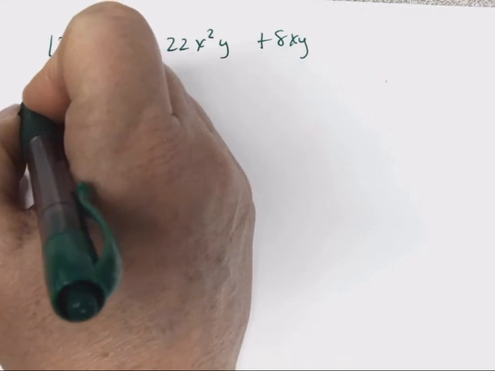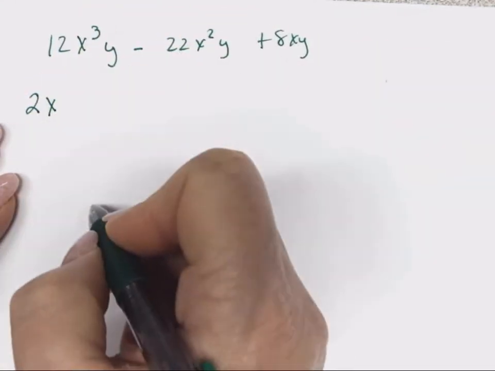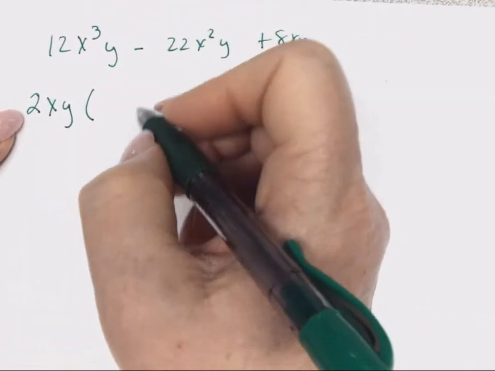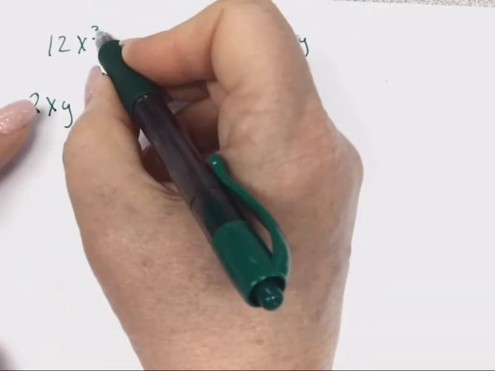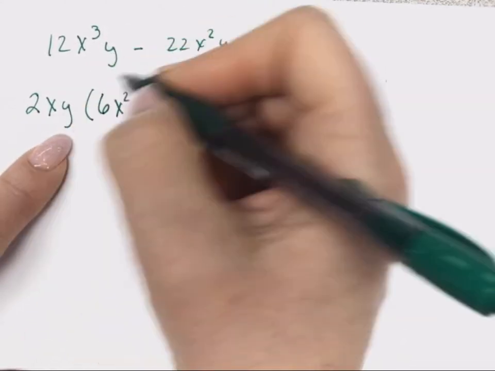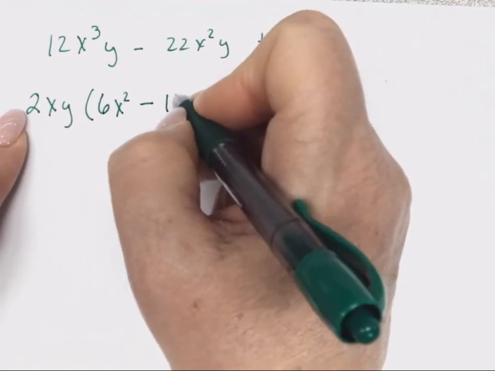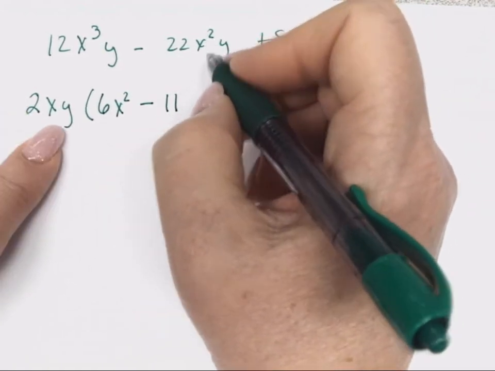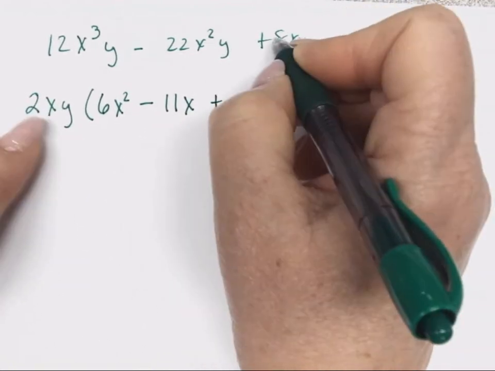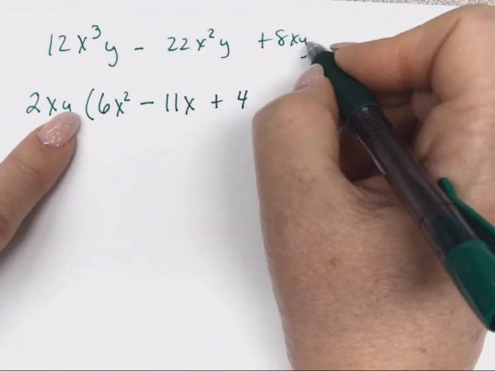So my GCF will be 2. My lowest exponent is x to the first and y to the first. 12 divided by 2 would get me 6. X cubed divided by x will get me x squared, and the y's would cancel. Minus 22 divided by 2 would be 11. X squared divided by x gets me an x, and the y's would cancel. 8 divided by 2 is 4. My x would cancel, and the y would.